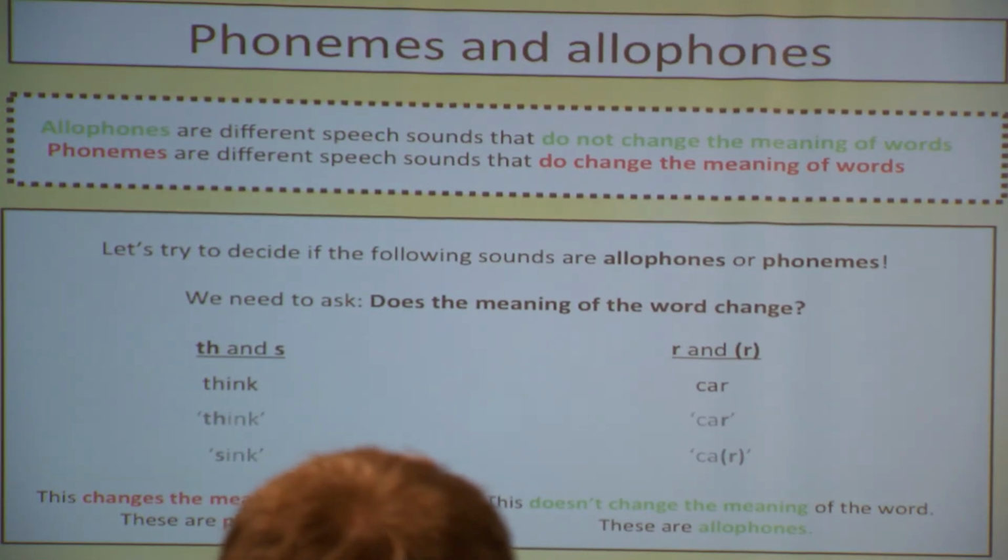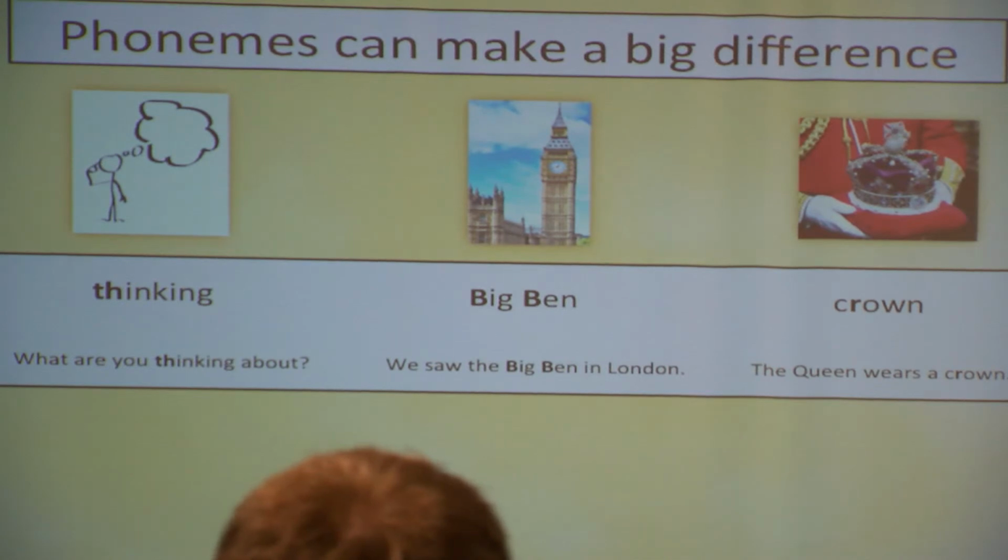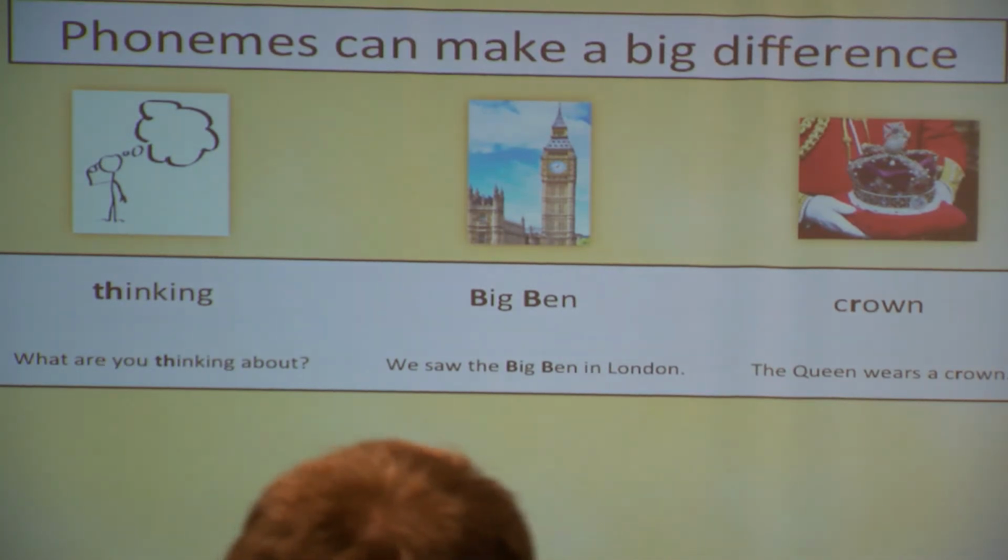And this will depend on your own accent. I know a lot of you are from very different countries, so going back to the accents last week, it will depend on what your accent is. So you will find some of these very difficult to tell the difference, and some of these will be very easy for you, okay? But the point is that they do make an impact, so you will need to pay attention to them.